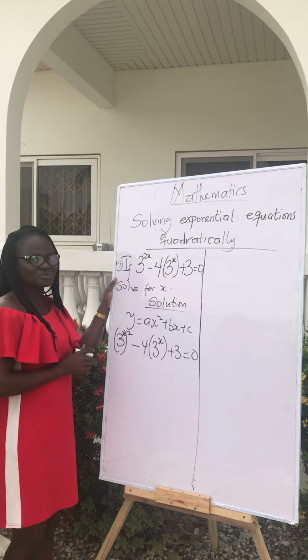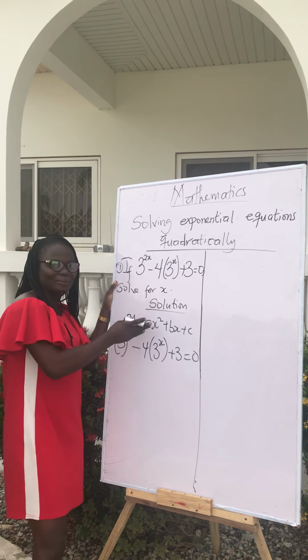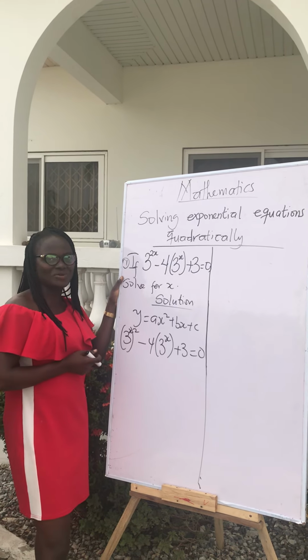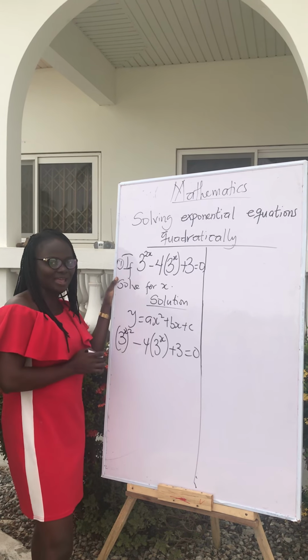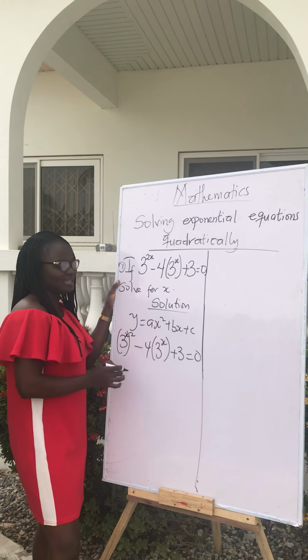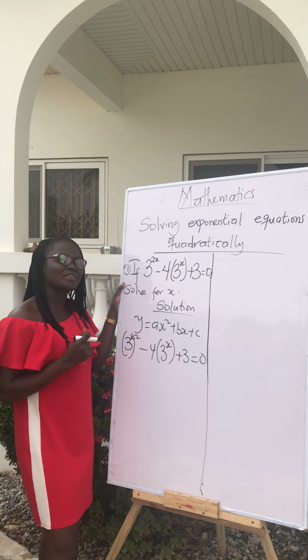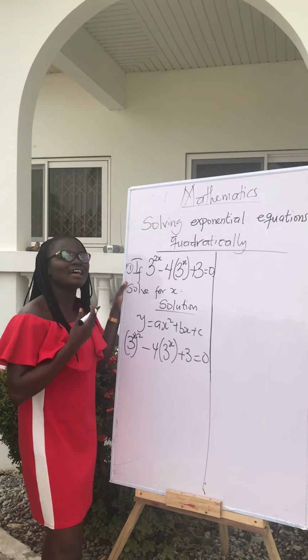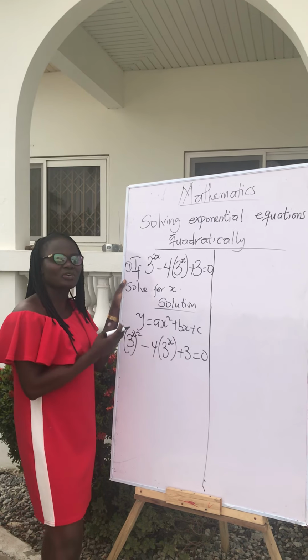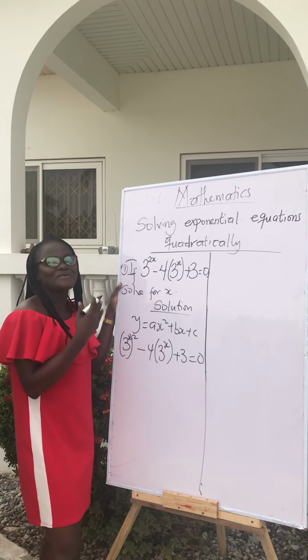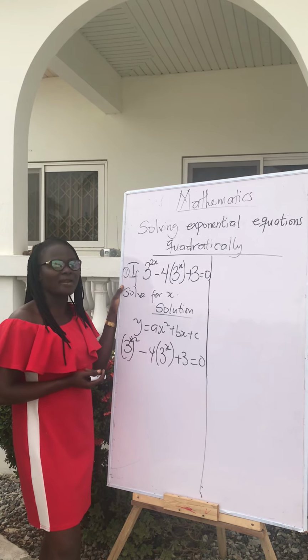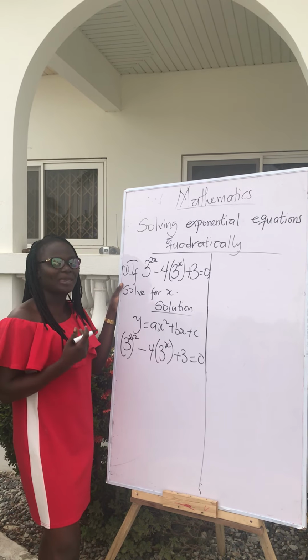Good. So this is resembling a quadratic equation. So this is our a, this is our b, and this is our c. But for us to solve it so simply, let's represent our 3 exponent x by any variable. So I pick y.